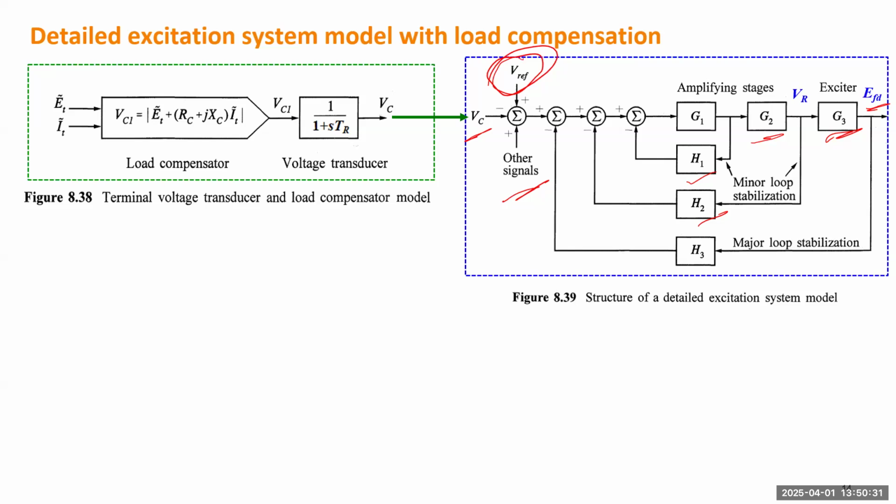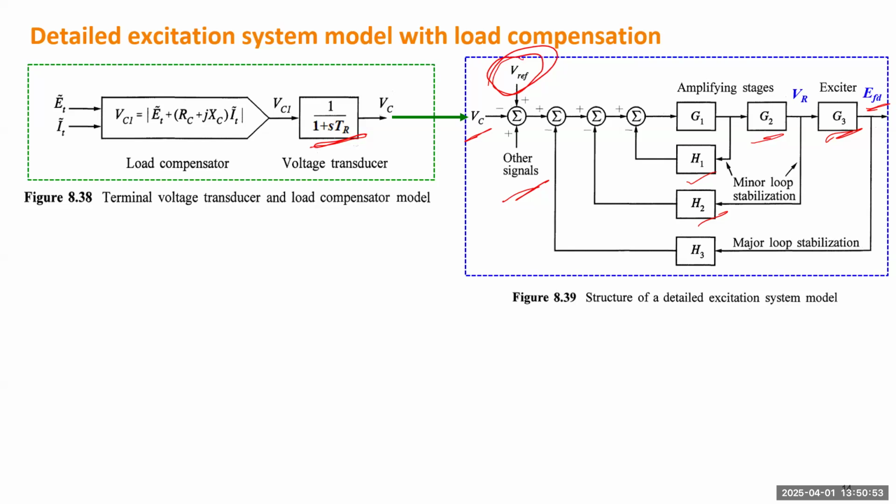Okay, so first is this time constant TR. The TR is the same as the sensor we discussed earlier. This is just to model how quickly you can collect the voltage data and give it to the feedback of this automatic voltage regulator.